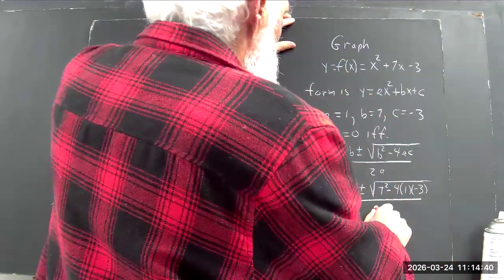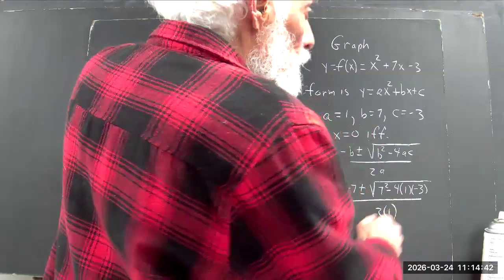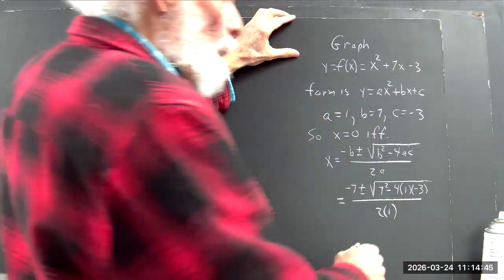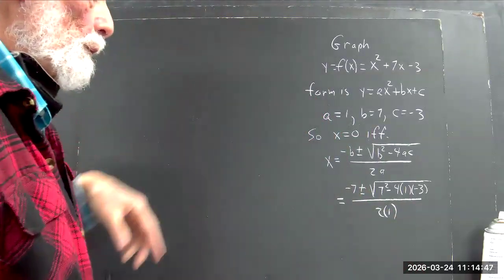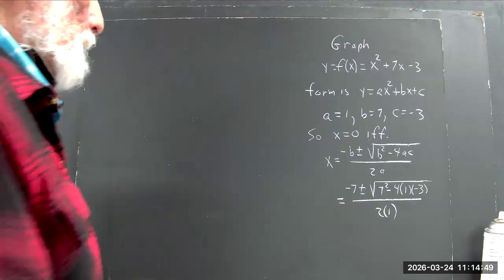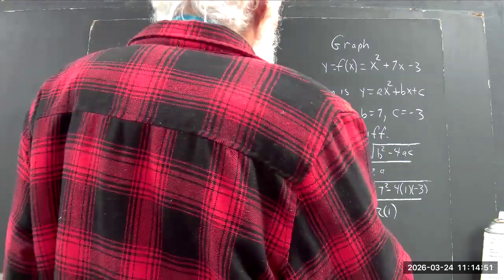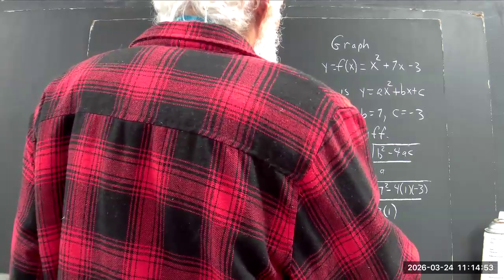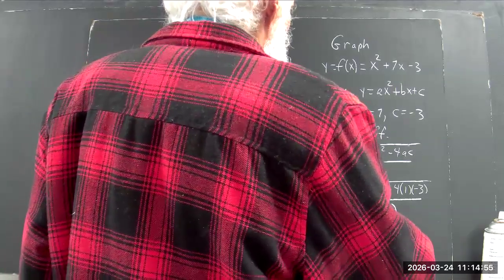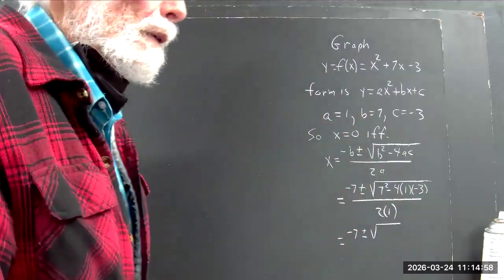And then you divide all that by 2a, which is 2 times 1. Then you simplify that. Well, everybody can do the arithmetic, except maybe me. I'm probably going to screw it up.